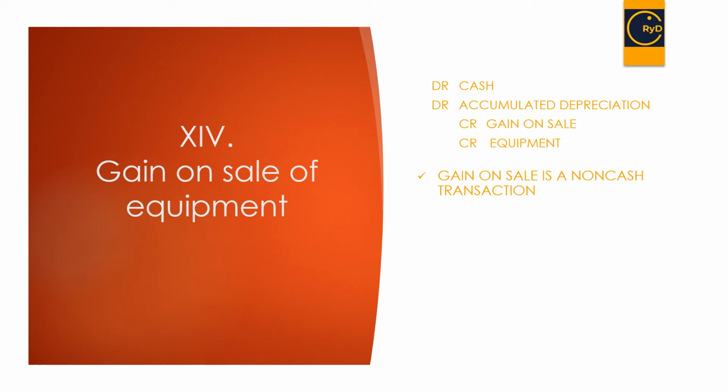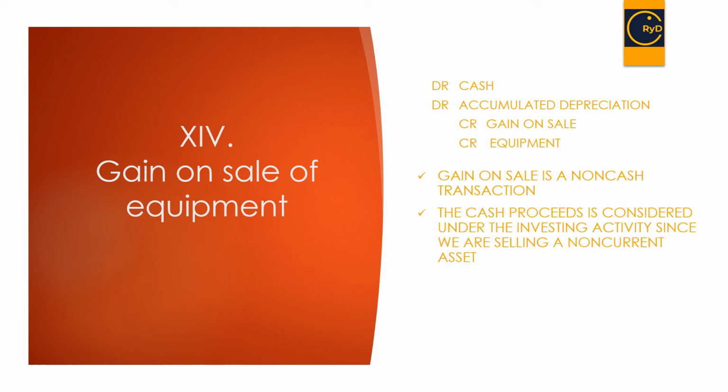But if you can see in the entry, there is a cash account. So the cash here, class, refers to the full proceeds of the sale of equipment. The cash here is considered under our investing activity because this is related to a non-current asset.